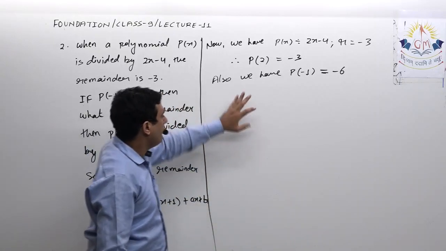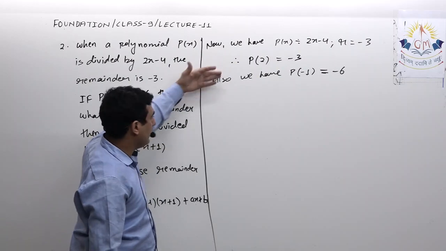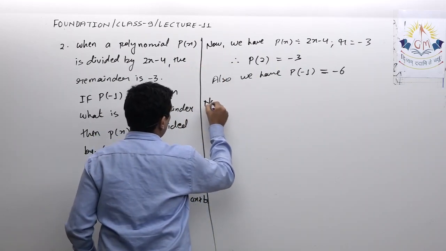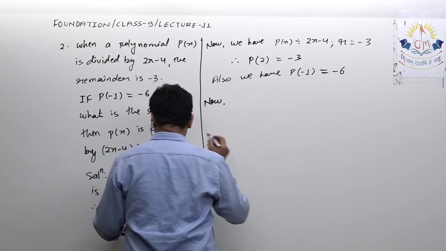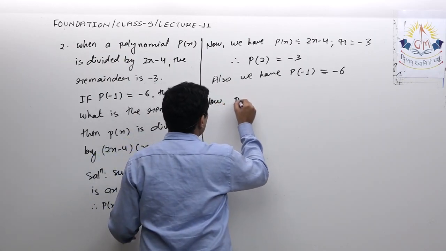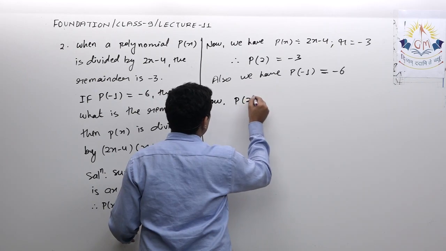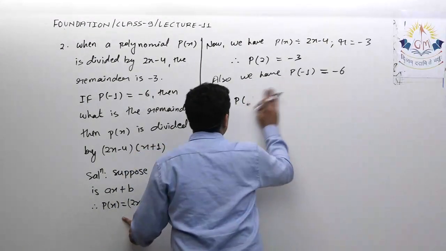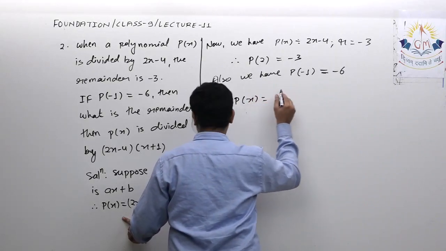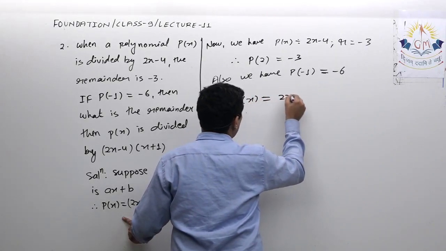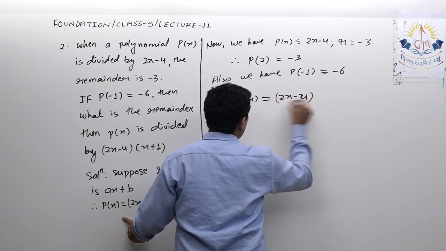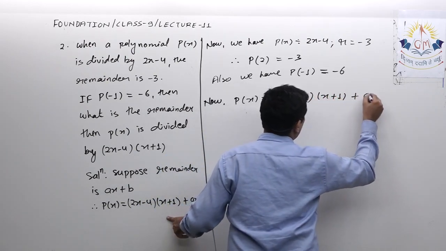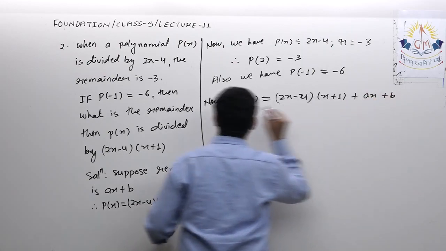These two pieces of information are similar to what we also had in the previous sum. Now we start with p(x) equal to (2x minus 4)(x plus 1) plus ax plus b.